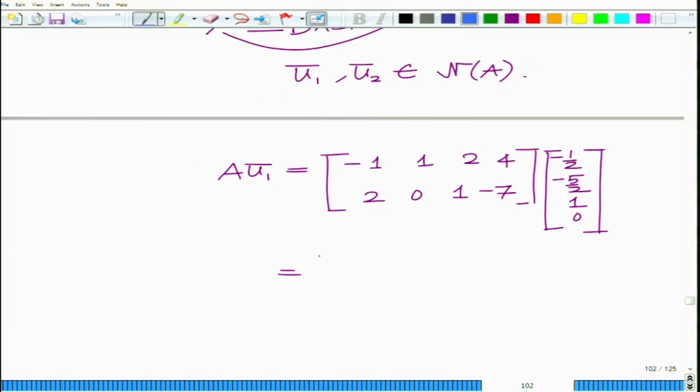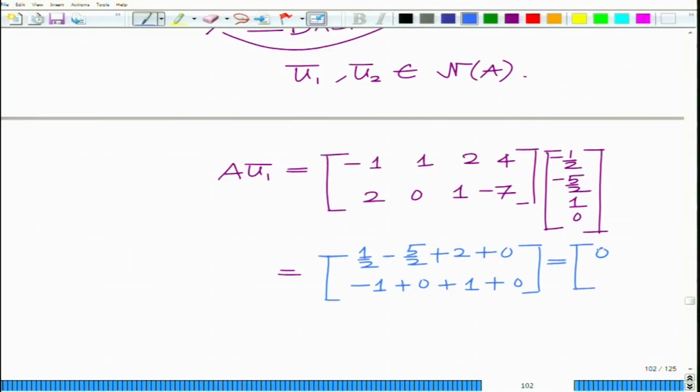What will this be equal to? The first row will be half minus 5 by 2 plus 2 plus 0, the second will be minus 1 plus 0 plus 1 plus 0, and you can clearly see this is nothing but the zero vector.